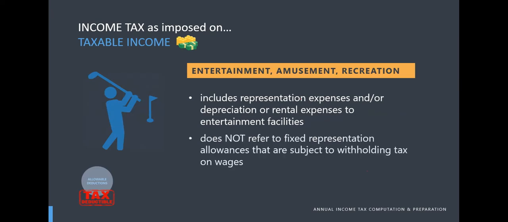It does not refer to fixed representation allowances that are subject to withholding tax on wages. Entertainment, amusement, and recreation expenses are not for the benefit of the employees or key personnel inside the organization. But these representation expenses are for the enjoyment of the third party.